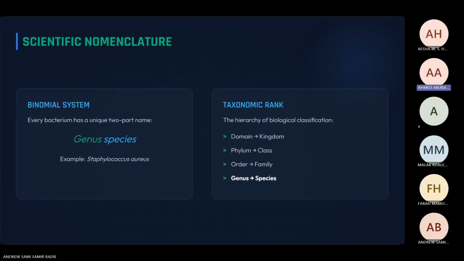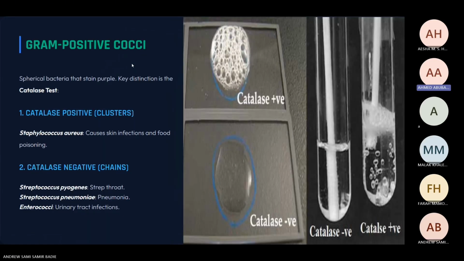So how can we differentiate different gram-positive cocci? As we know, gram-positive cocci are stained purple. We differentiate between them through the catalase test. The catalase-positive bugs grow in clusters, for example, staphylococci. Staph aureus is the big one, which causes skin infections, abscesses, and food poisoning.